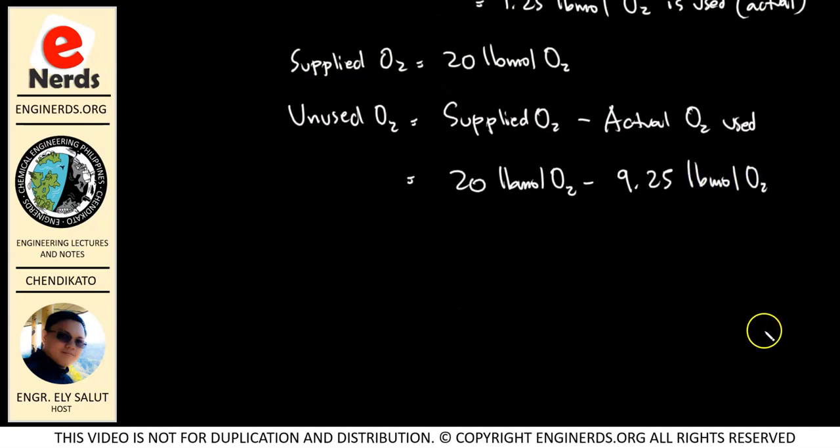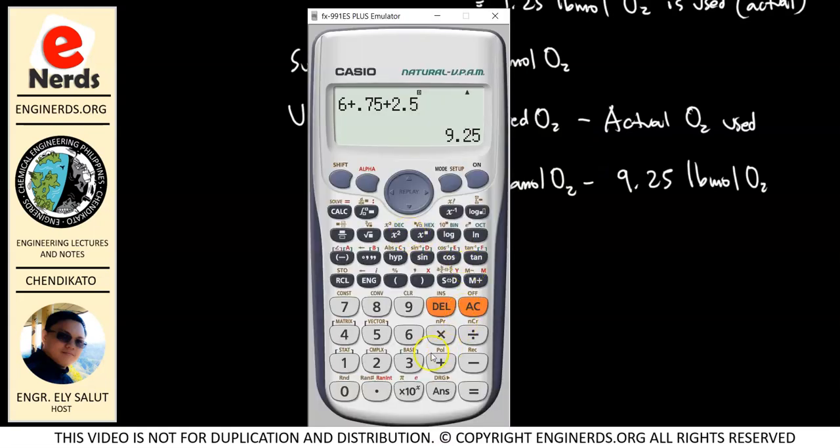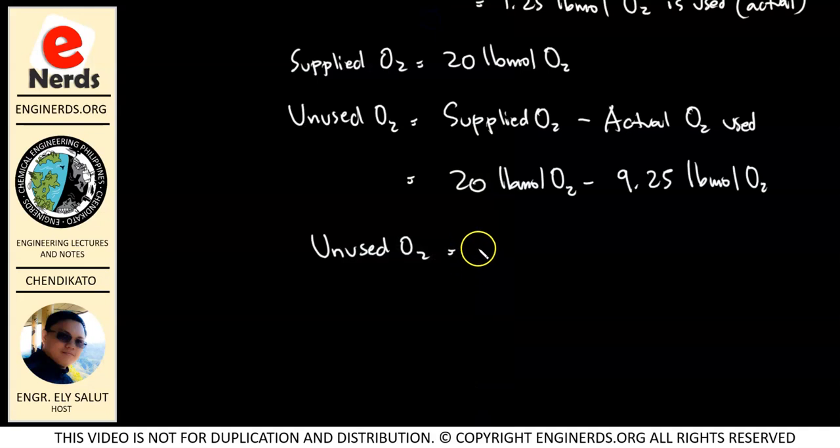So therefore, our unused O2 is equal to 20 minus 9.25. So 20 minus our answer, which is 10.75 now. So we have 10.75 pound mole of O2, which is not used.